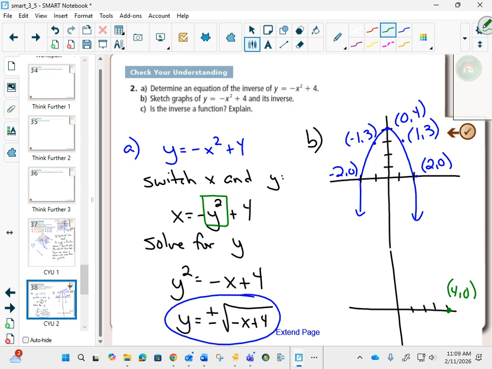Negative 1, 3, and 1, 3, I'm going to have 3, 1, and 3, negative 1. 2, 0 will now be 0, 2, negative 2, 0. I just switch the x and the y's. And it took this parabola, and now this parabola is opening up sideways.